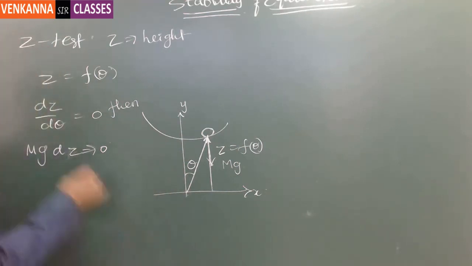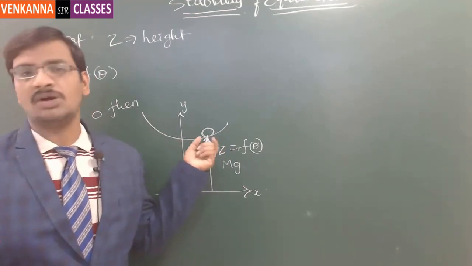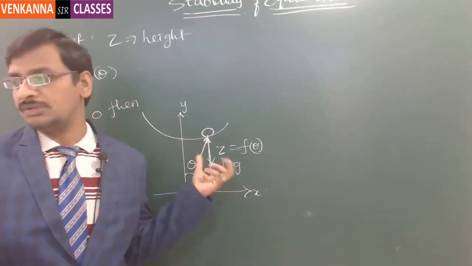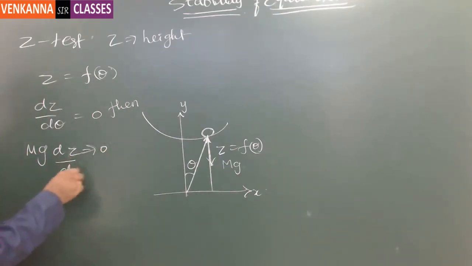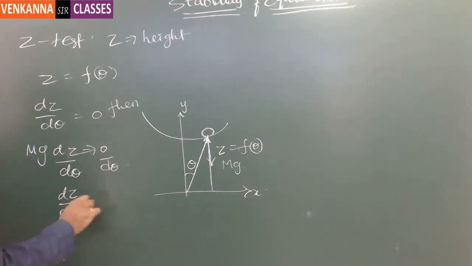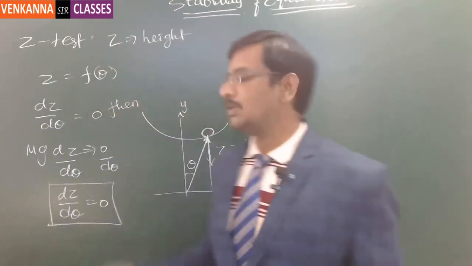If the body is in a stable condition, then as per the principle of virtual work, if you give a little displacement to that body, then automatically the work is going to be 0. So that is the principle of virtual work. Now mg into dz is equal to 0. If I divide by d theta, it won't make any difference on either side. That means dz by d theta I can simply take as 0. Why I am taking this as 0 is that this is a mandatory condition for the equilibrium of the body.